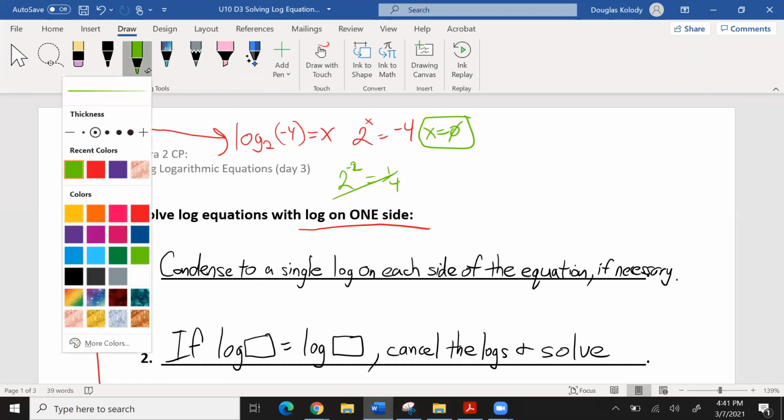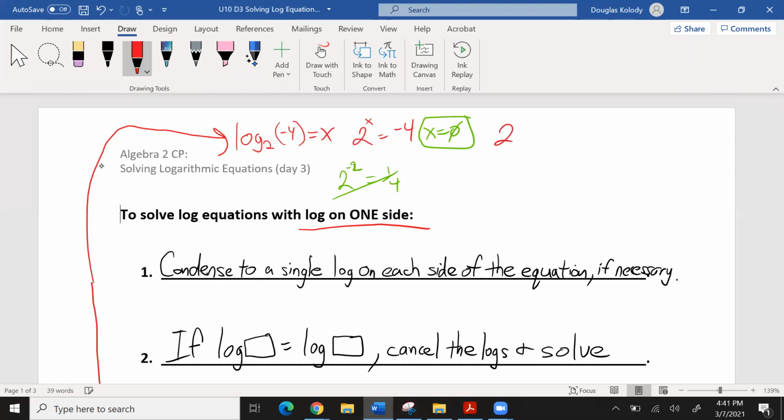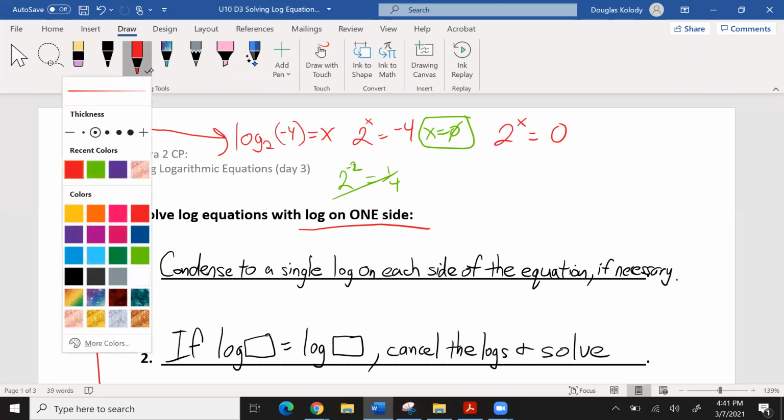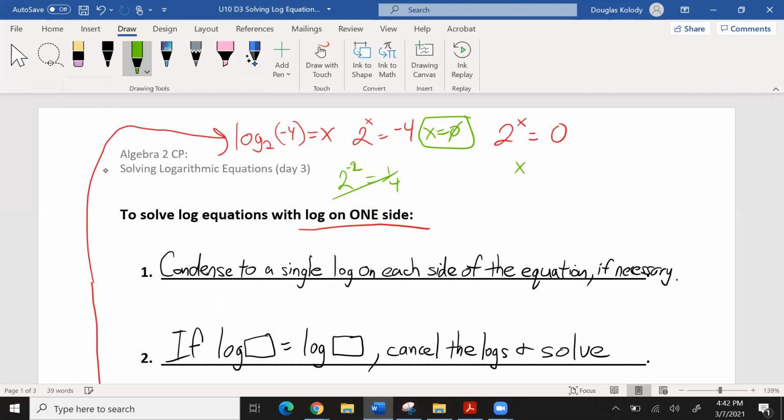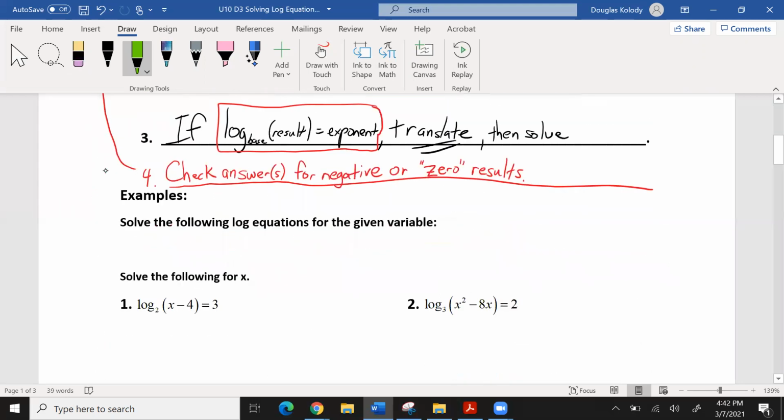Same thing if I say 2 to the x power equals 0. There's nothing that I can raise. There's no exponent I could raise this to make the answer be 0. So, ladies and gentlemen, we're learning something right now. I could never get 0 as a result or negative number as a result.